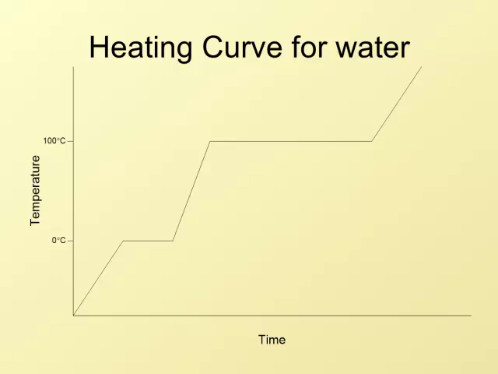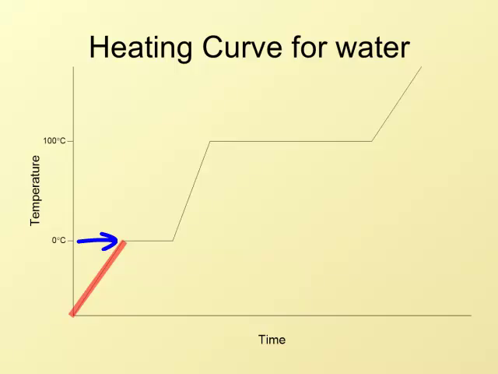Let's look through the heating curve in detail. Initially, at time 0, we have solid ice. As we heat, the temperature increases. We are increasing the kinetic energy of the solid particles. When we reach 0 degrees Celsius, the temperature no longer changes, but we're still adding heat.